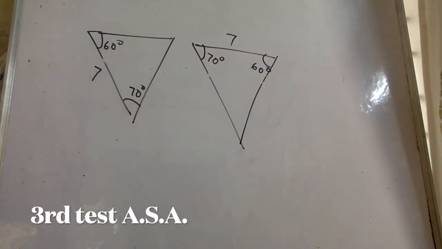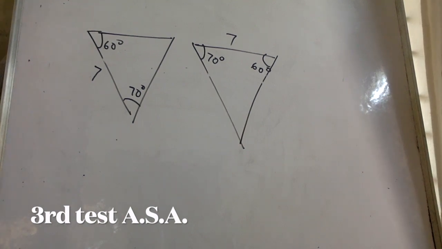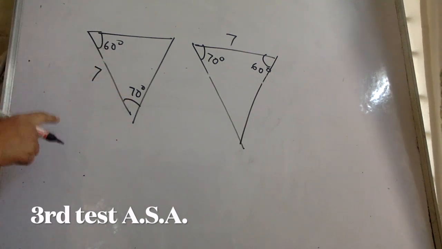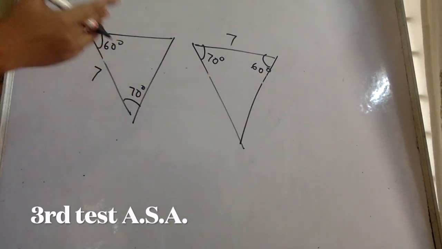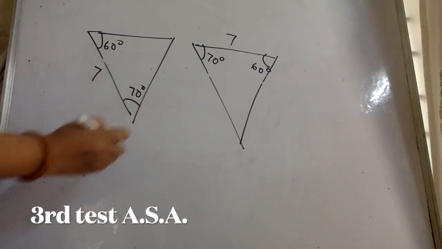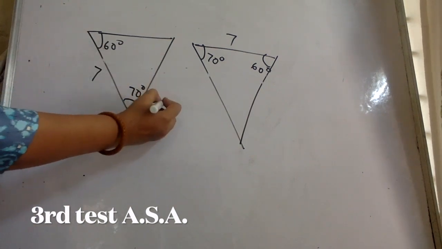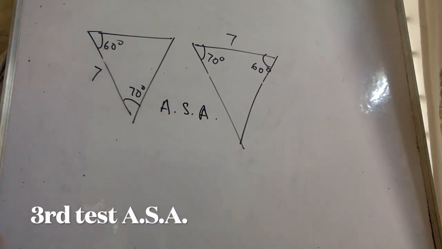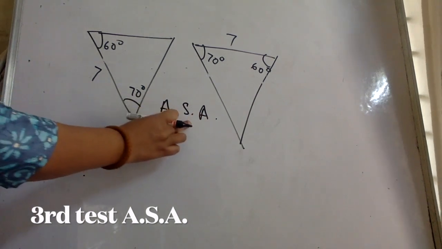Now you are noting clearly that two angles and the in between side are equal. If this is the case, you can say yes, the triangles are congruent by ASA.